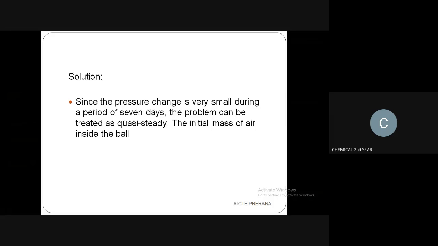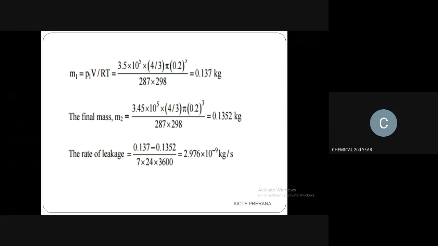Initial mass of air inside the ball: this is the formula for finding the mass, m equals P1 V divided by R T, that is PV divided by RT. For our convenience we are going to specify mass 1, mass 2, and so on with 1, 2, 3, whatever specification you like.